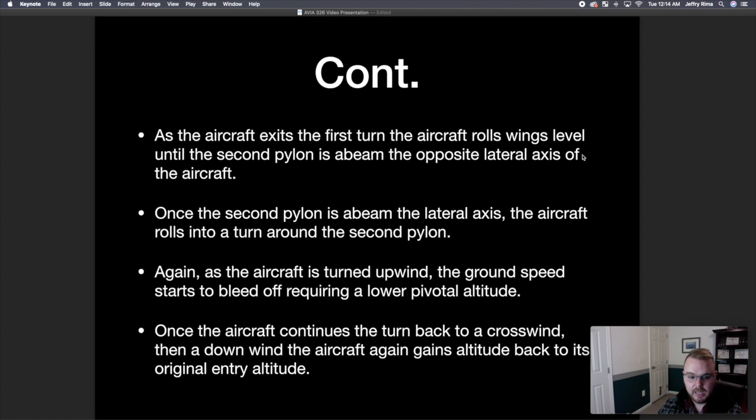Again, as the aircraft is turned upwind, the ground speed is going to start to bleed off, requiring a lower pivotal altitude. Once the aircraft continues to turn back to a crosswind, the ground speed is going to start to pick back up, which is going to require you to increase your altitude.